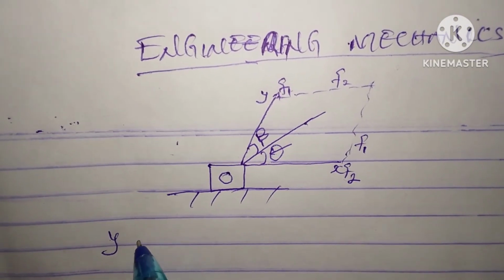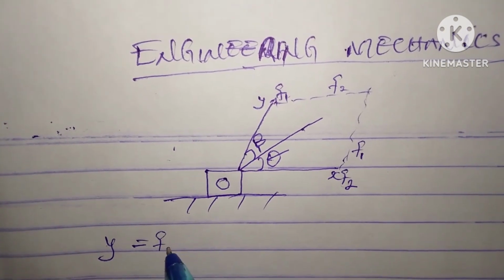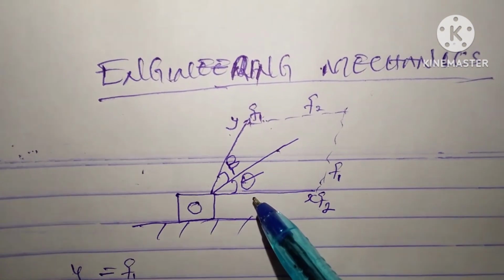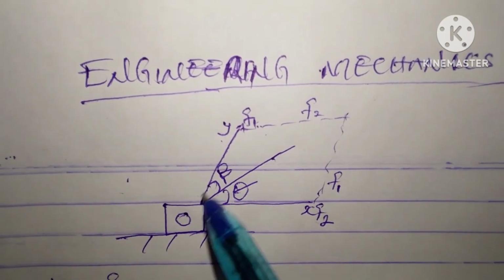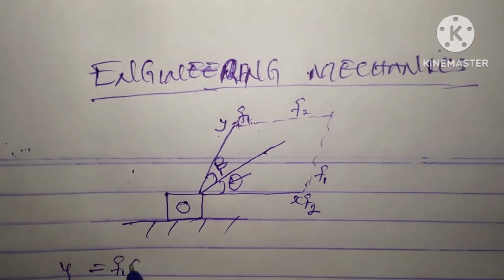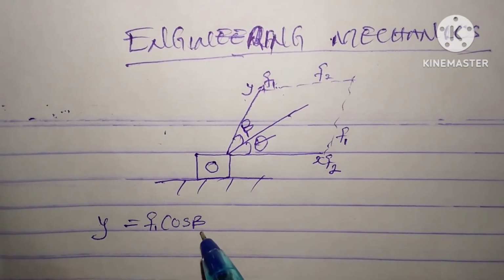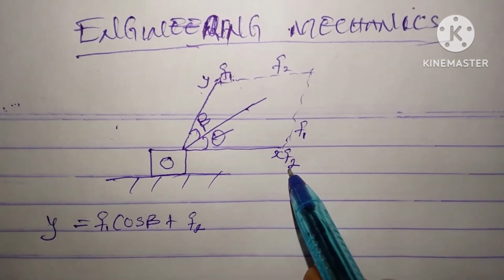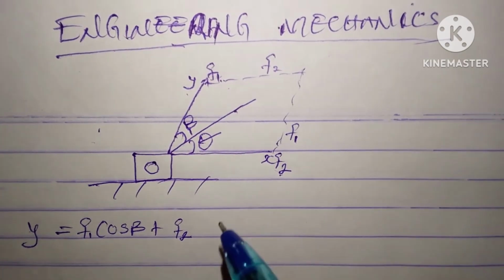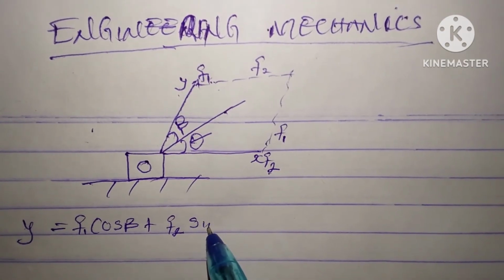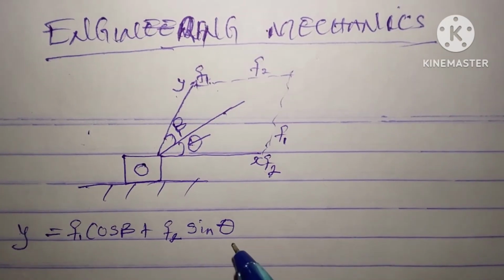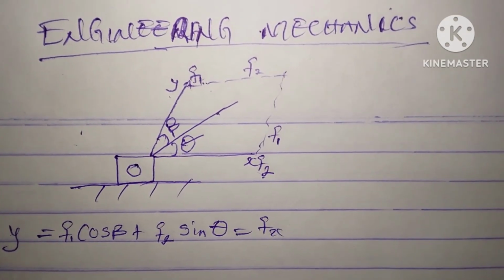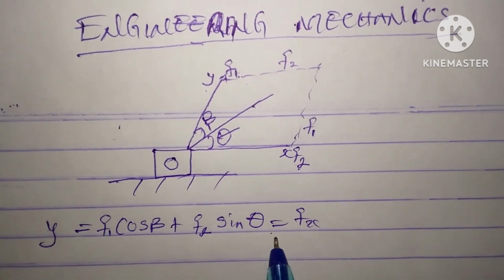You're going to have Y, which is equal to F1 cos beta, because this is Y and this is F1, and the angle between them is beta, plus F2 sine theta. And this is going to be equal to Fx.